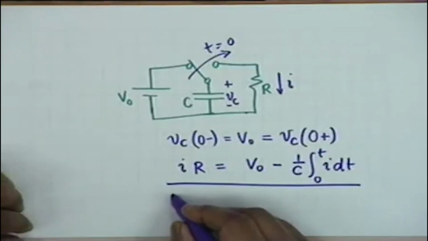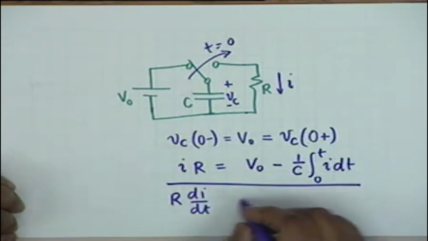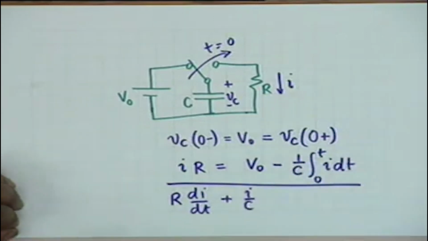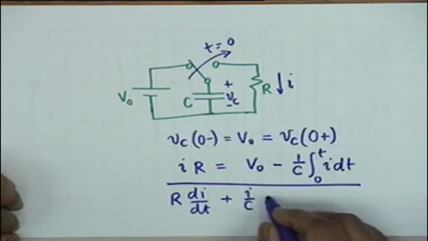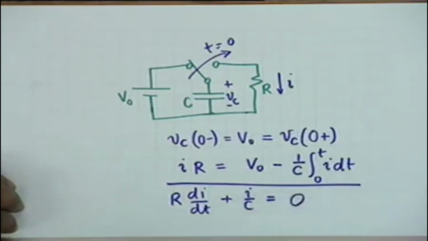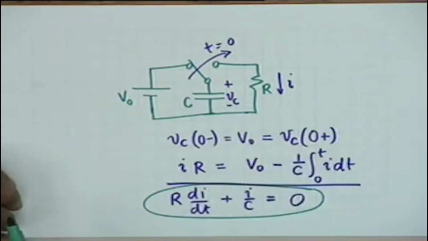Nevertheless, one can make it into a differential equation by one more differentiation: R di/dt plus I/C. If you differentiate this, it's simply I over C, and that would be equal to dV0/dt, which is 0. So this is also, as you can see, a first order differential equation, and therefore this circuit is also a first order circuit.